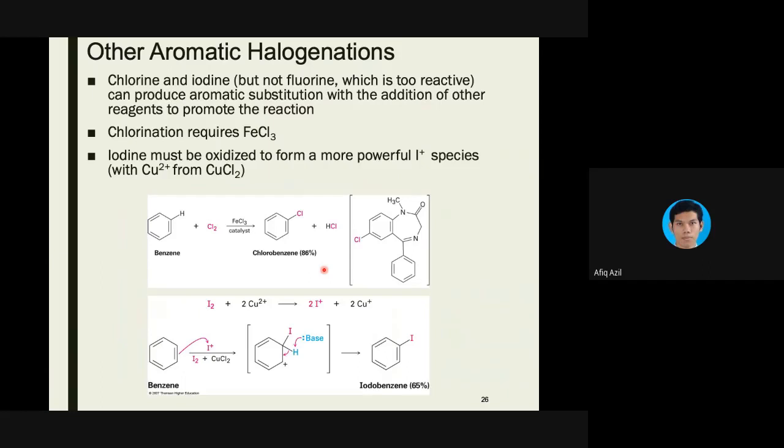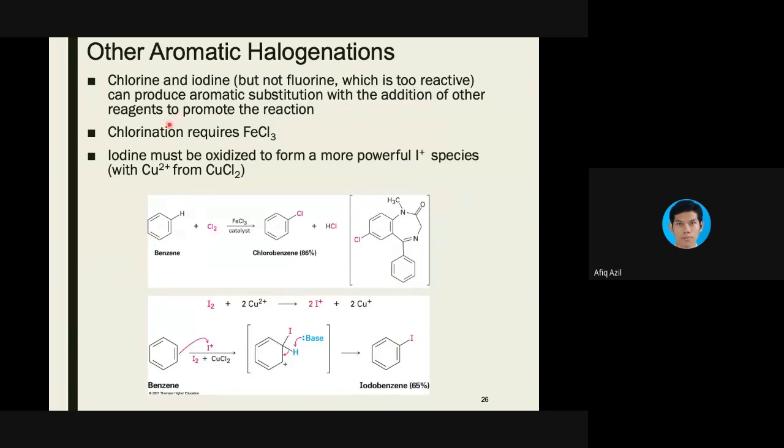If you want the reaction to proceed with other halogens, for example chlorine and iodine, fluorine is not doable in a lab because the reaction is too reactive. Chlorine and iodine can produce aromatic substitution reactions with the addition of other reagents.